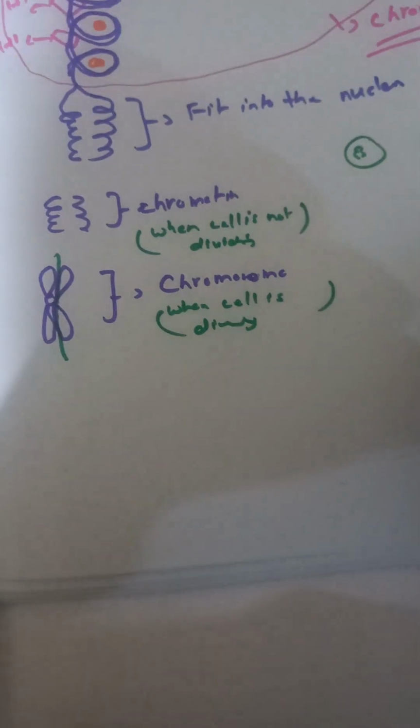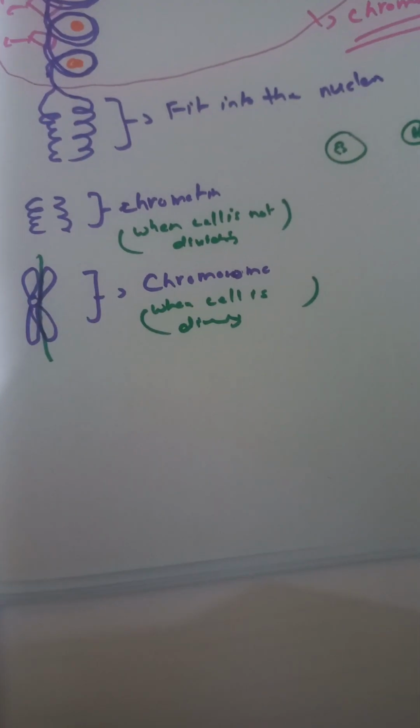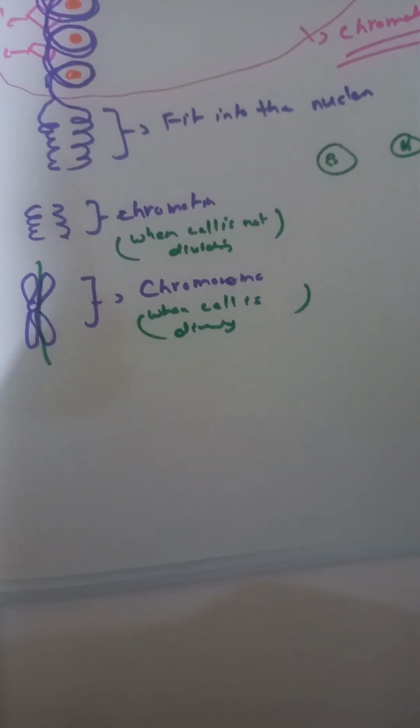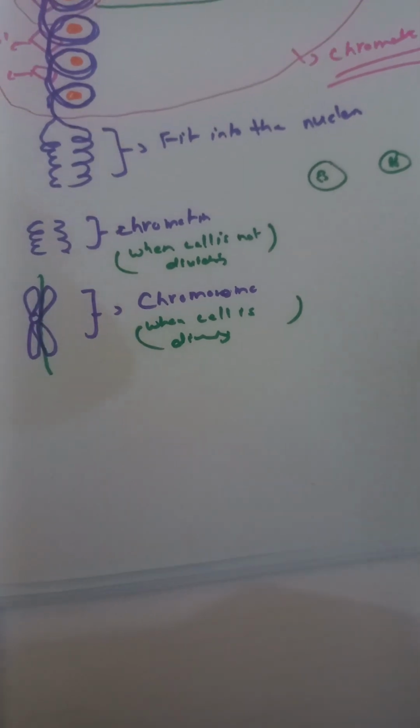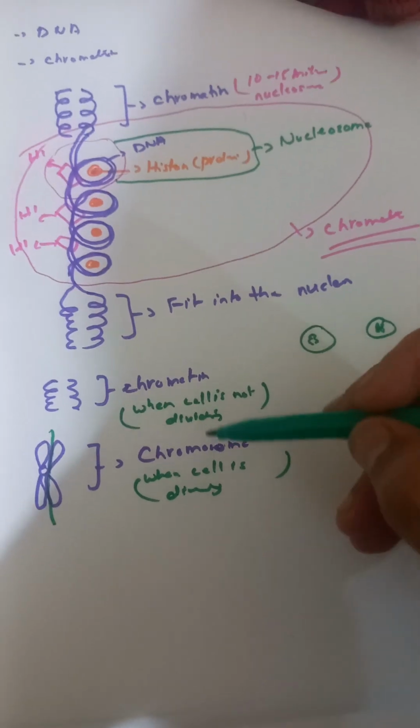So we are not going into the detail of chromosome structure. We are just explaining the difference, because most of the students get confused between chromatin and chromosome. So remember, they both are just the same thing, nothing is different.